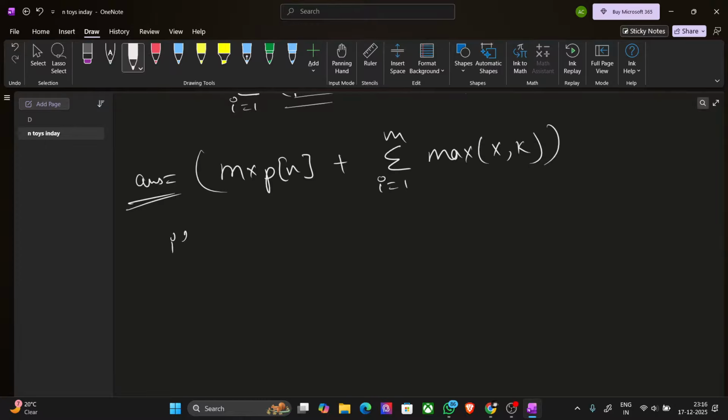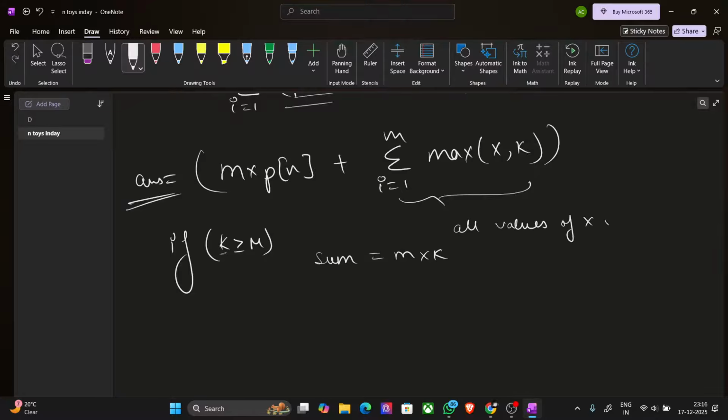If my k is greater than or equal to m, then this summation will be m into k, as all the values of x will be less than k. So my sum will become m into k.